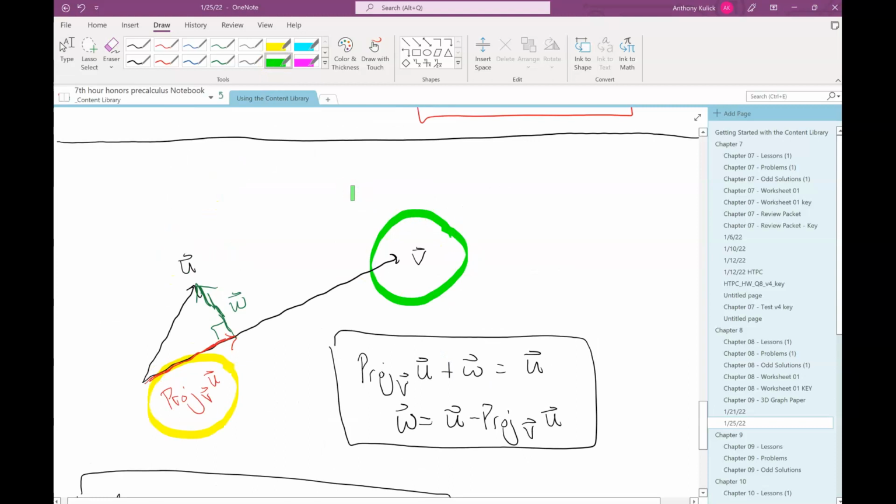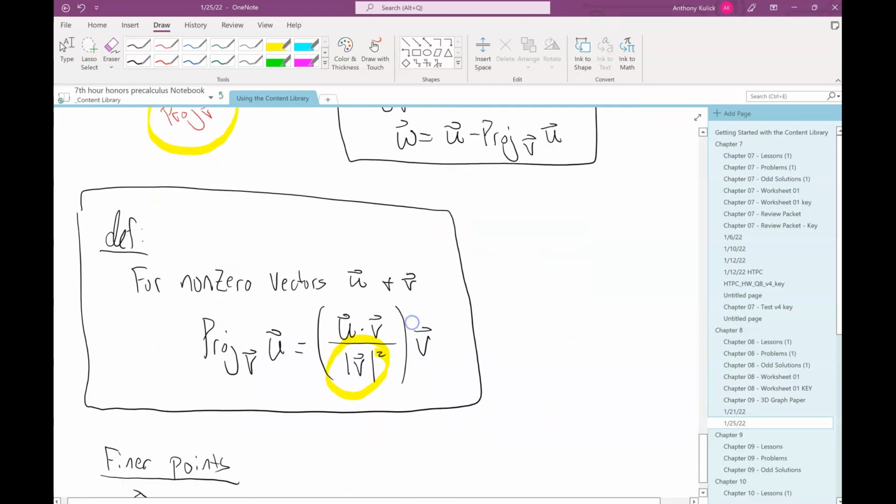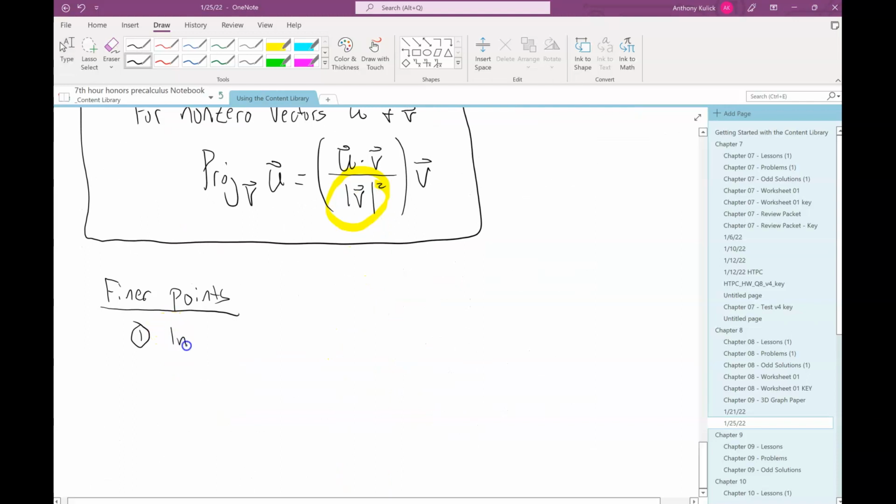Notice when I drew this vector v, I just drew it arbitrarily long. And the total length of vector v isn't really affected by the drawing that I've made. You know what I mean? So in some cases, and we'll look at some examples of this, the length of vector v doesn't really matter.